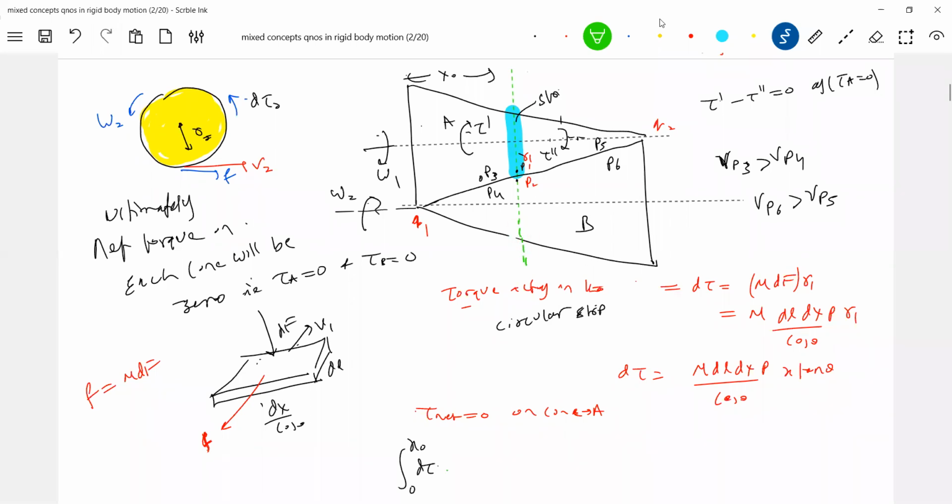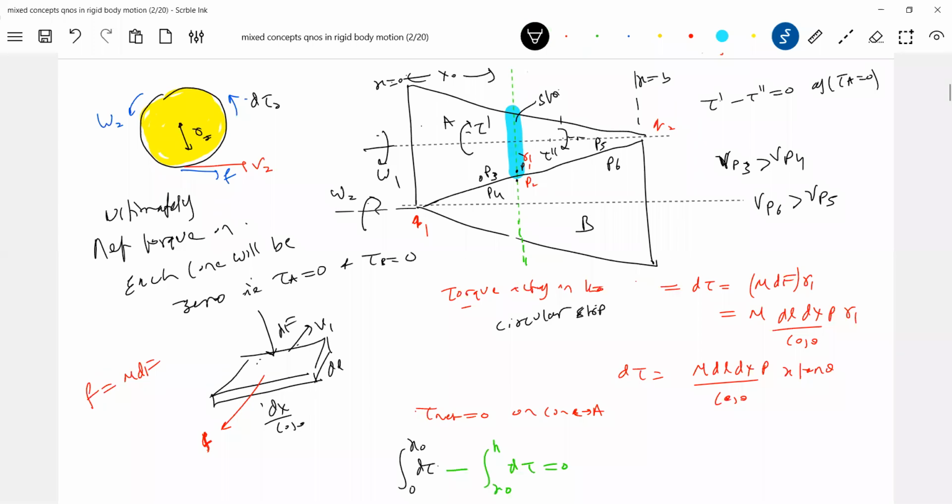This should be equal to minus of the integral from x naught to h of d tau. Why the negative sign? Because they will be equal and opposite, no? Torque acting from 0 to x naught will be in one direction, and from x naught to b it will be in the other direction. And all that x I'll measure from here: this is x equal to 0 and this is x equal to b.